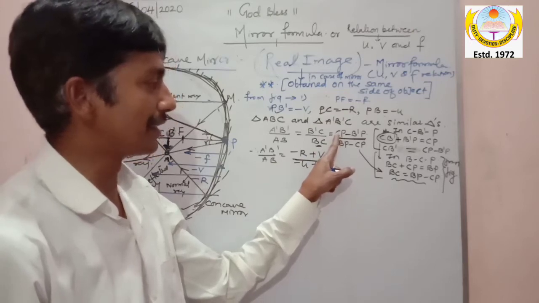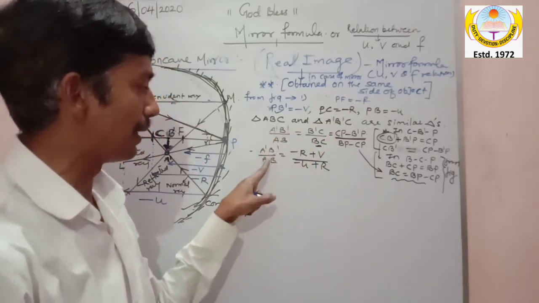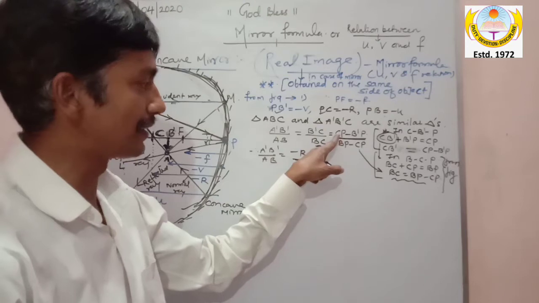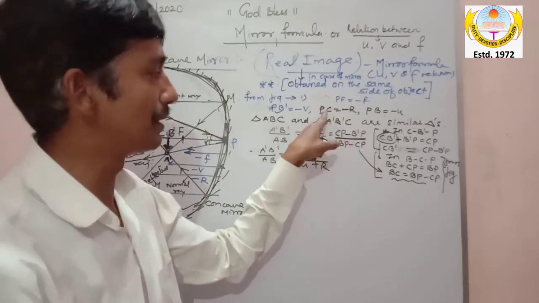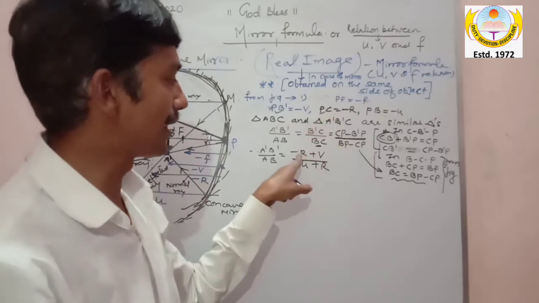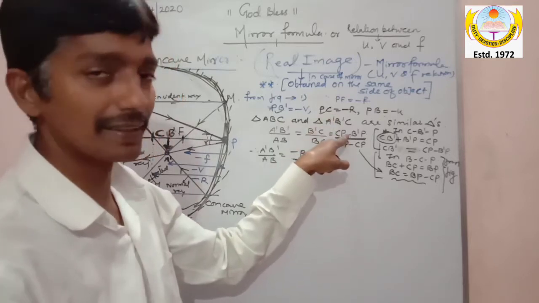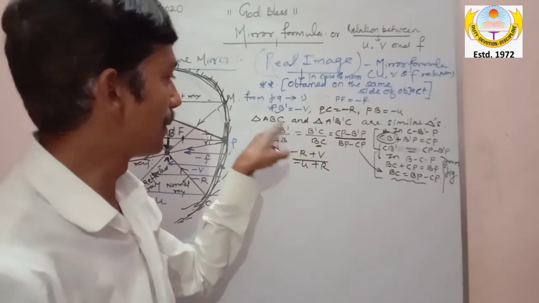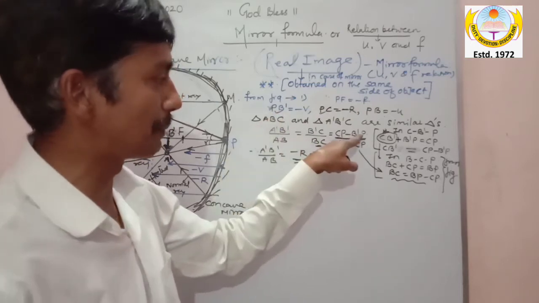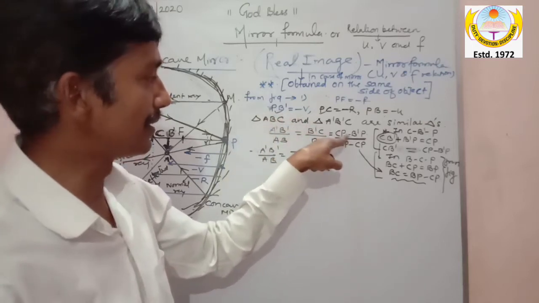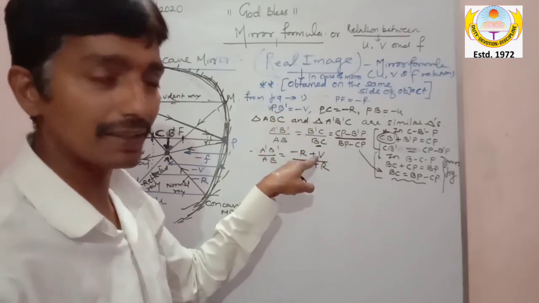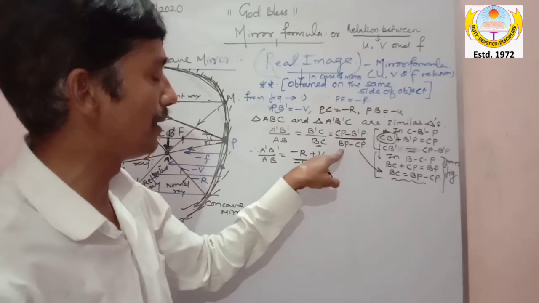Once again see. In the numerator there is CP. Here A'B' upon AB I have written as it is. Here it is CP. How much is CP or PC? I have written CP or PC, same. That is minus R I have written. Then here it is minus. But B'P or PB', same, and minus is here, minus V, minus and minus become plus, so it is plus V, whole divided by BP.